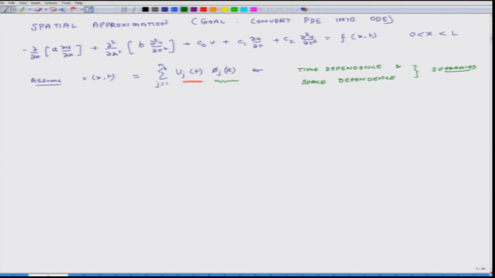What does that mean? What that means is that there is one function phi j, which purely depends on x, and there is another function uj which purely depends on time. So they are mutually separated. So here we have assumed that variables are separable. This is what we have assumed, that variables are separable, and that makes our mathematics easier.